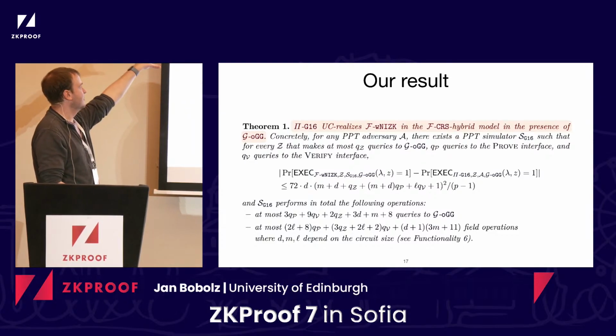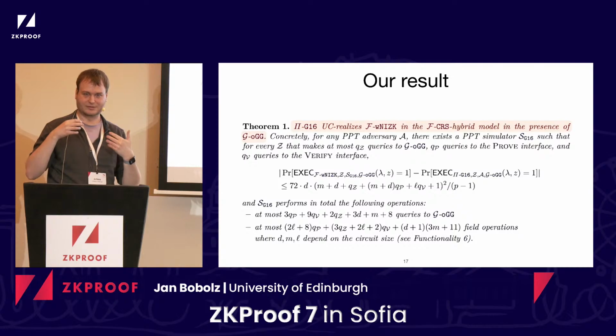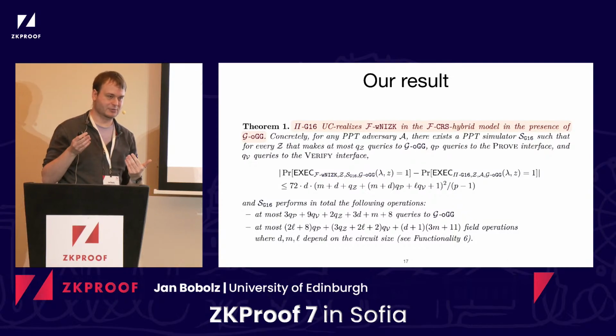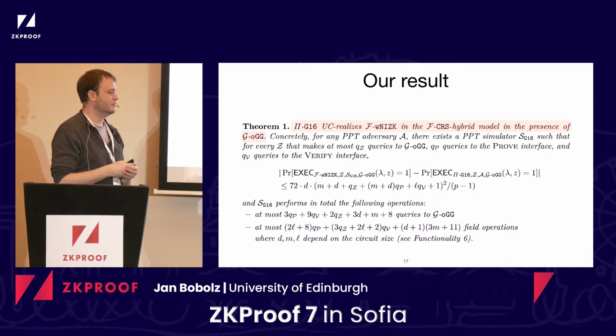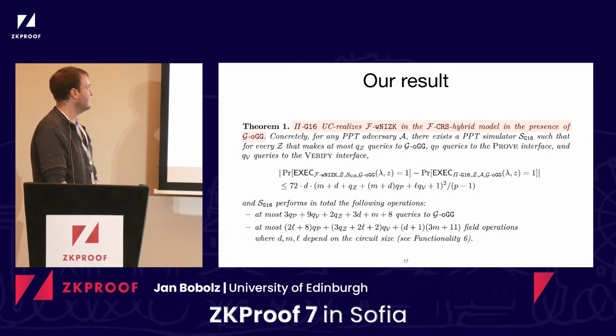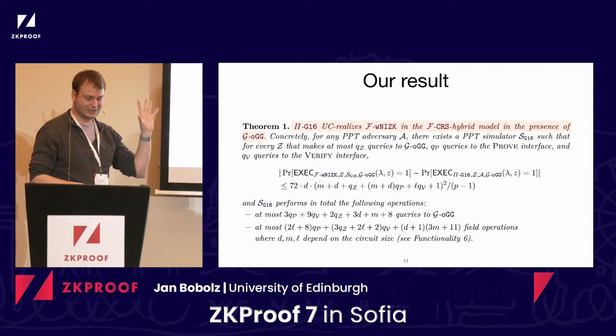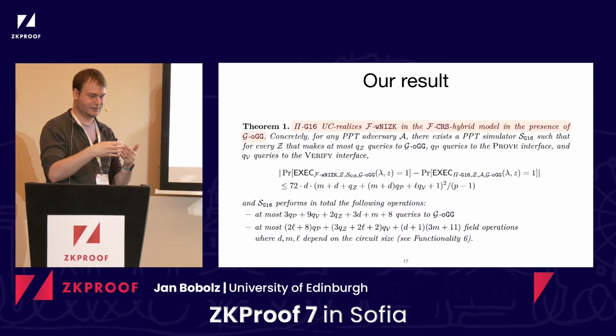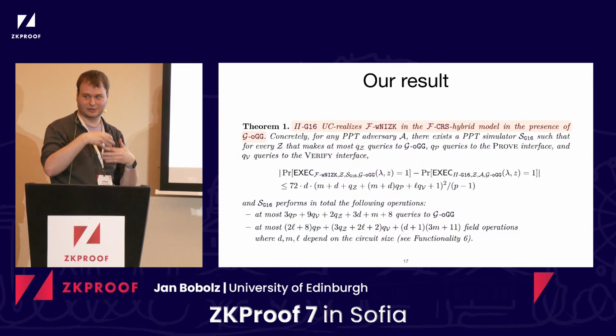In the presence of GOGG means that we are using the UCGS framework, UC with global subroutines, in order to model global shared functionalities. So in the end, this is essentially in plain UC, but the UCGS theorem gives us a way to still argue about global stuff.